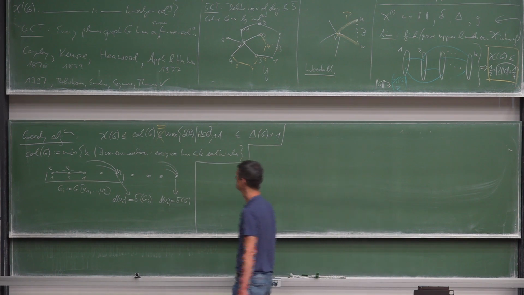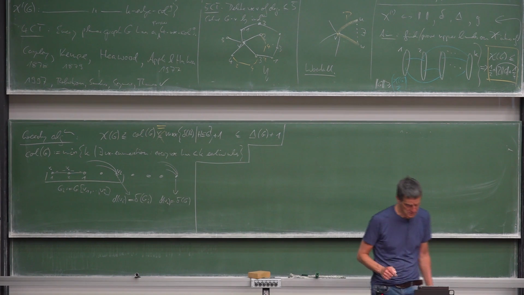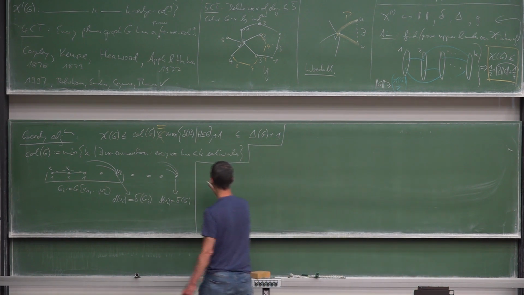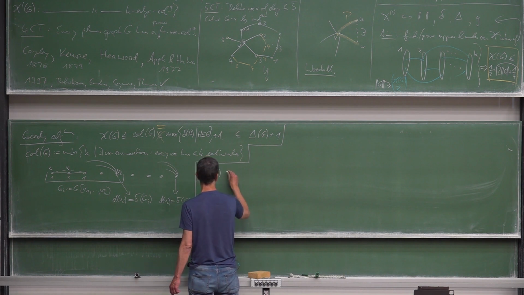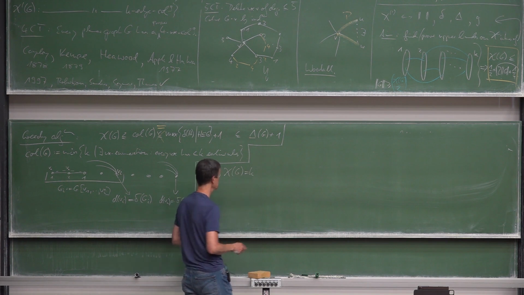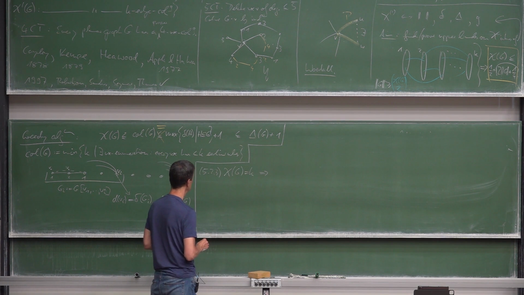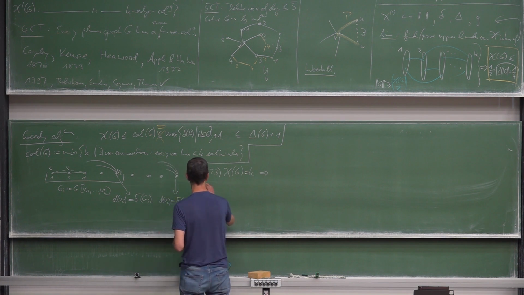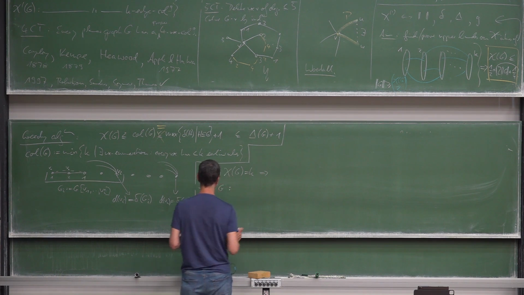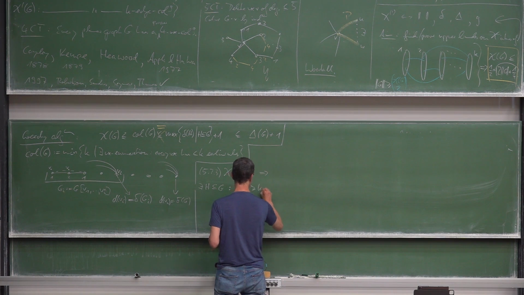And one corollary is, if the chromatic number of G is k, say, this is just my name for the chromatic number, then there exists an H, a subgraph of G, whose min degree is at least k minus 1.